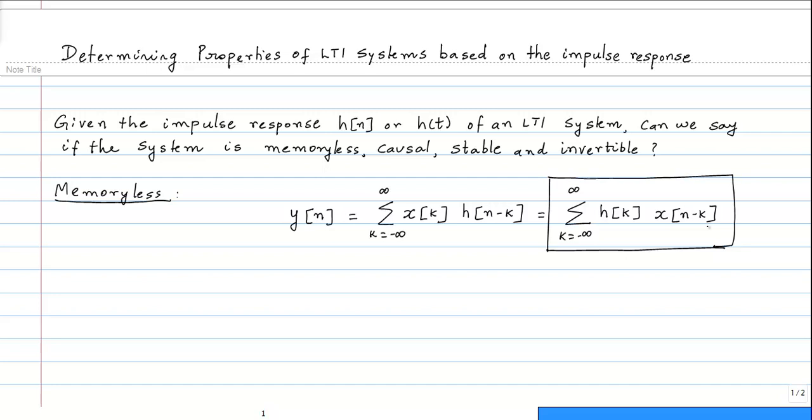But we also know that if a system were to be memoryless, then y of n should depend on the input, namely x of n, or you can say should depend only on the value of the input at the same time.